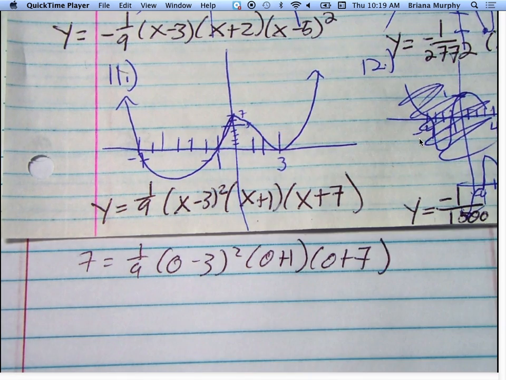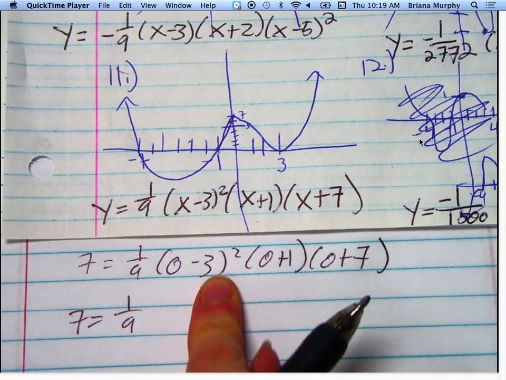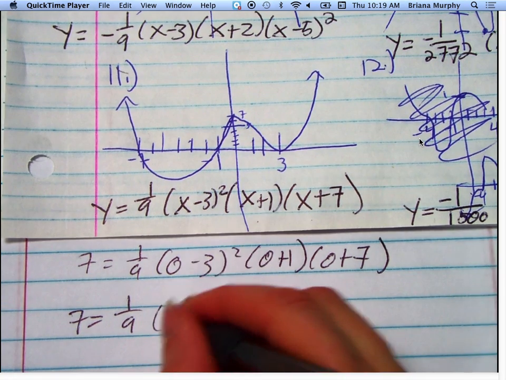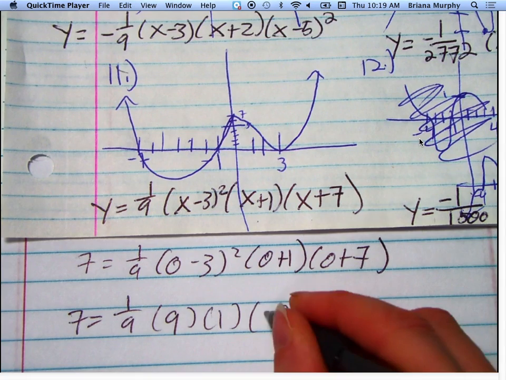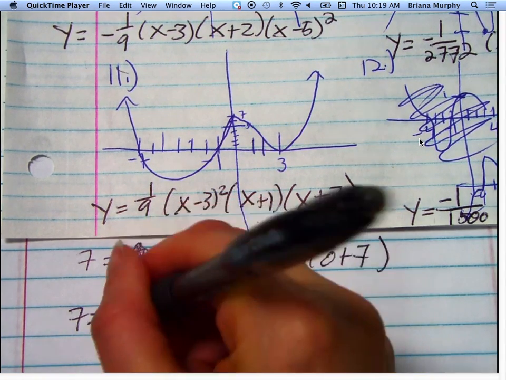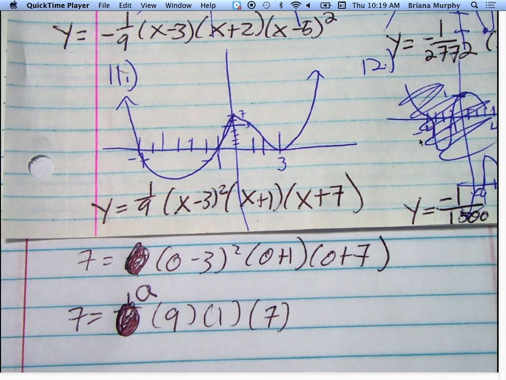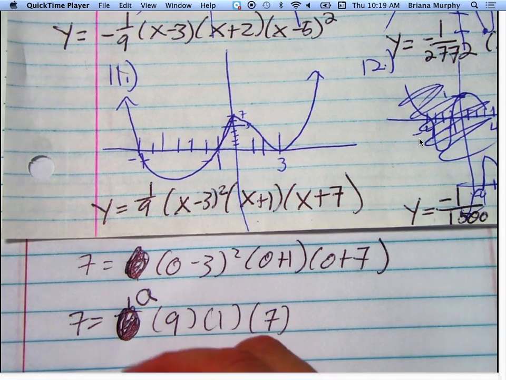Okay, so I get 7 equals 1/9. 0 minus 3 is 3. 3 squared is 9. 1 and 7. Okay? Oops, this should be A, because we don't know what this is yet. Okay? 9 times 1 times 7 is 63.